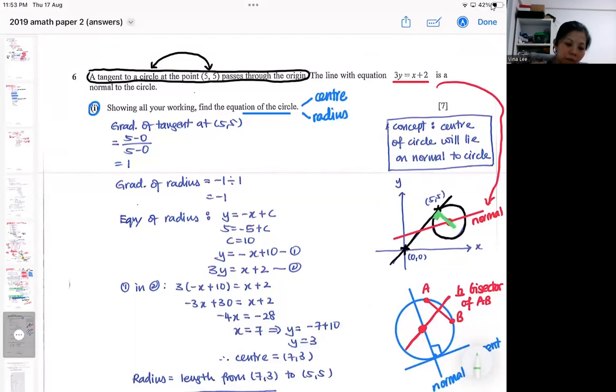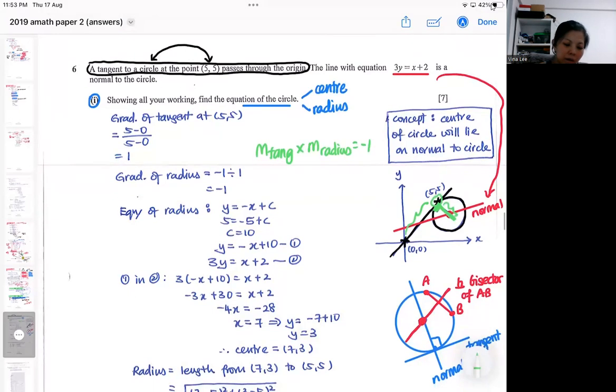I need to know that the tangent and the radius are perpendicular, so I can find the gradient of the tangent, then find the gradient of the radius. Then I make use of the point (5, 5), and eventually I get the equation of the radius.